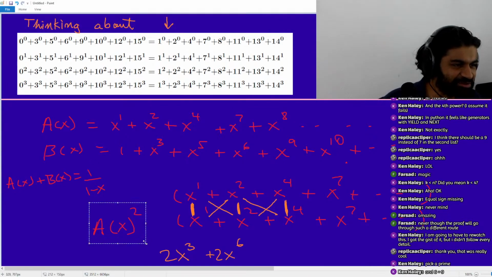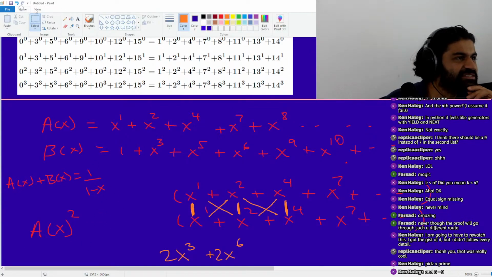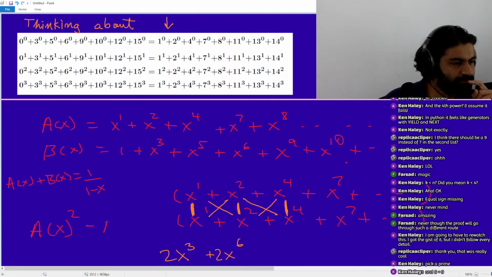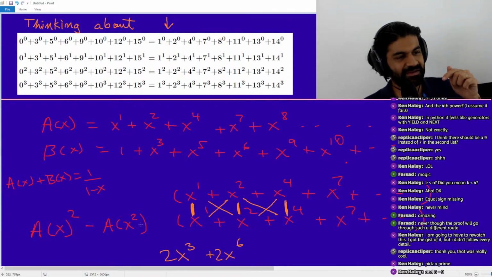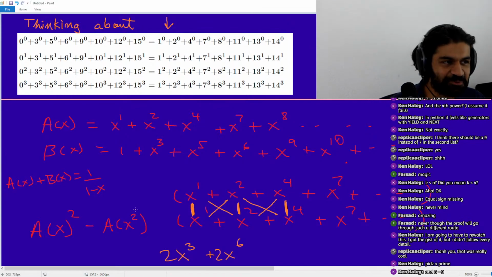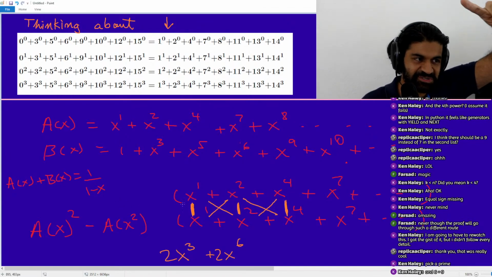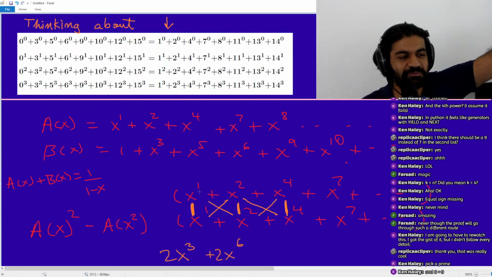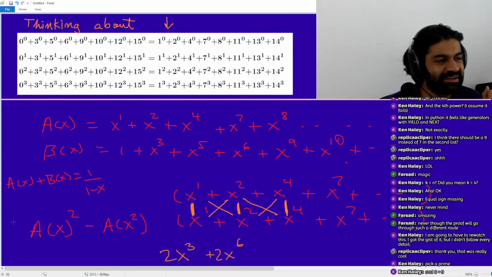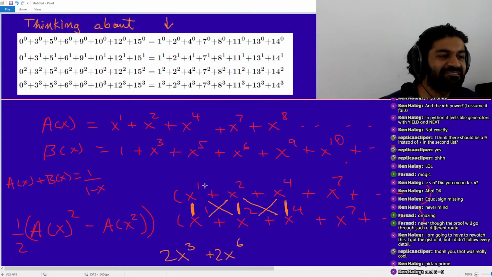The exact formula that you need is as follows. You want to get rid of all the things that involve multiplication with themselves. So you just subtract off AX squared. If you plug in x squared, that's like multiplying all the exponents by 2. So that's the same thing as looking at everything multiplied with itself. Then you multiply it by half to get rid of the 2's, and you have what you need.